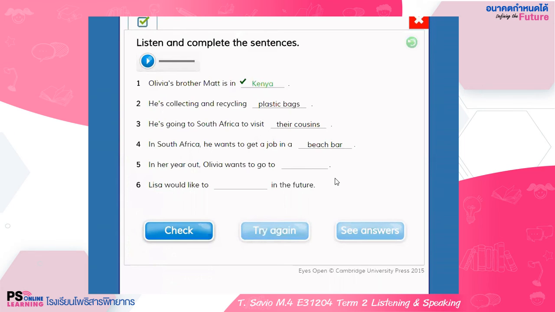Number 5, in her year out, Olivia wants to go to, I think, Europe. And 6, Lisa would like to, in the future, help people in the future.